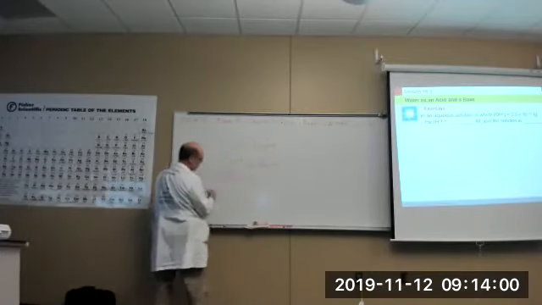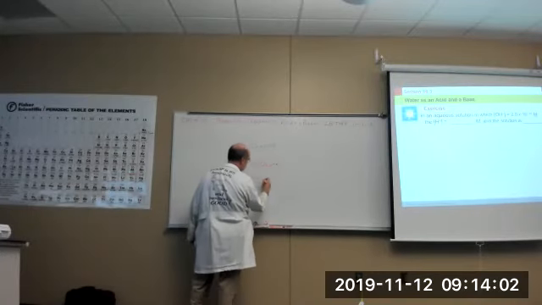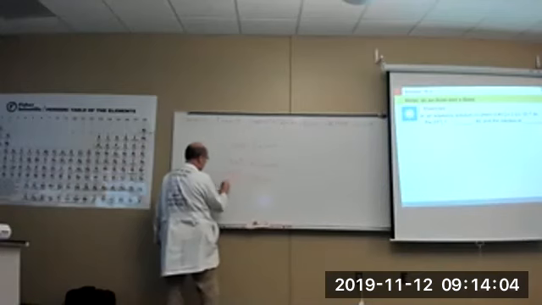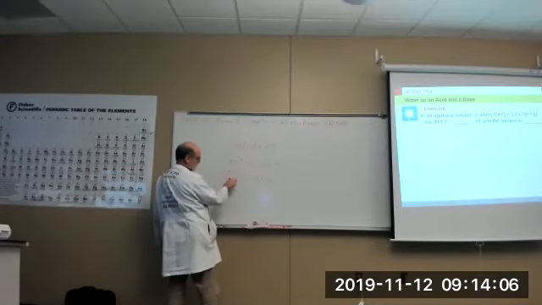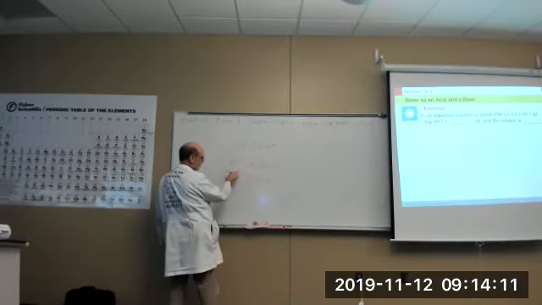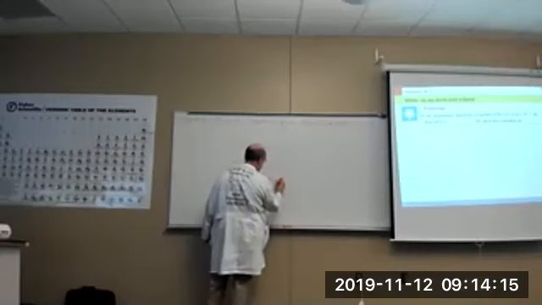So what would that be? This is a half right here. And this, if we bring this one into the numerator, it becomes positive. So minus 14 and plus 10 is minus 4.